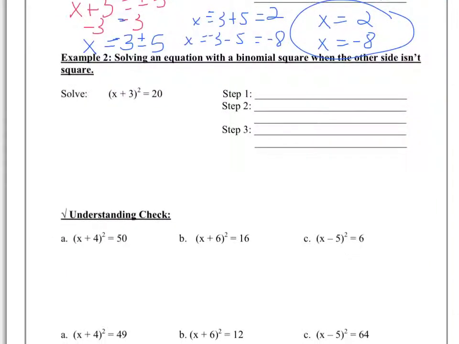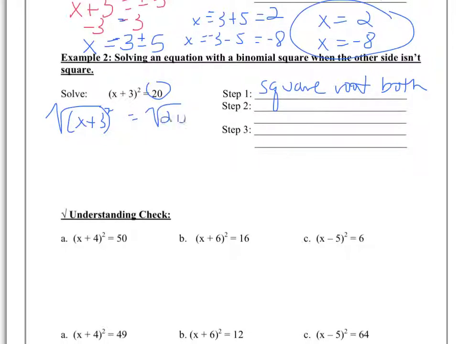In a situation where the number on the right-hand side is not a perfect square, we're going to do the same thing and start off by taking the square root of both sides. So the square root of x plus 3 squared equals the square root of 20.